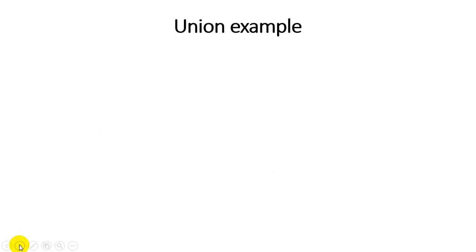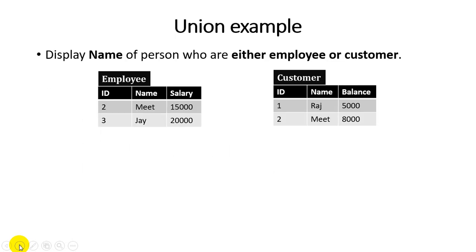Now let's see how a real-time example works. Display the names of persons who are either an employee or a customer. Means we require the names of people who belong to either the employee table or the customer table.